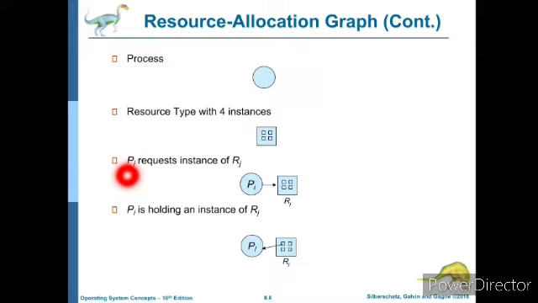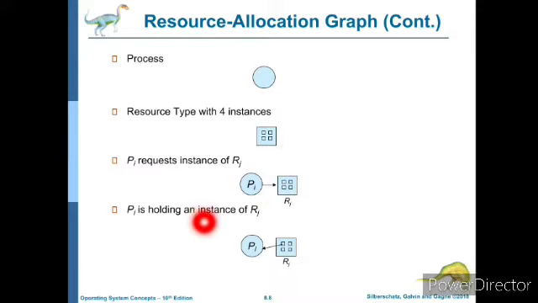Okay, next one. We need to represent the edges. One is a request edge and another one is an assignment edge. When a process Pi requests an instance of Rj, we use a request edge from process Pi to Rj. That indicates that the process Pi points only to the rectangle of Rj.